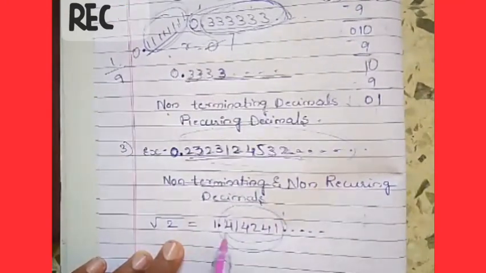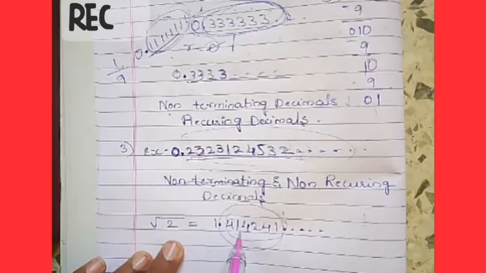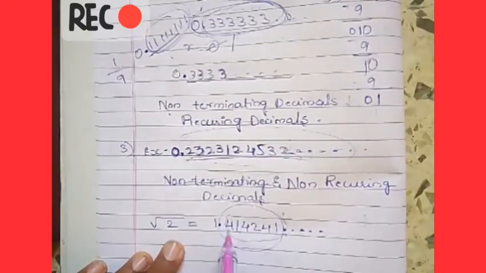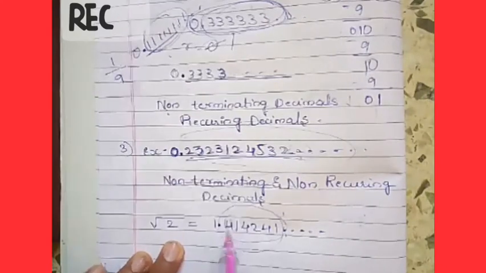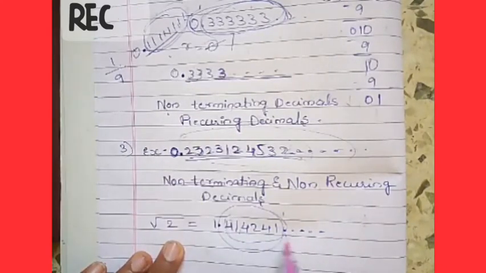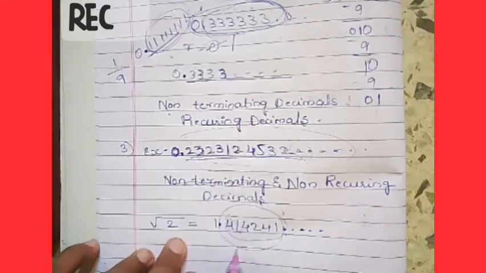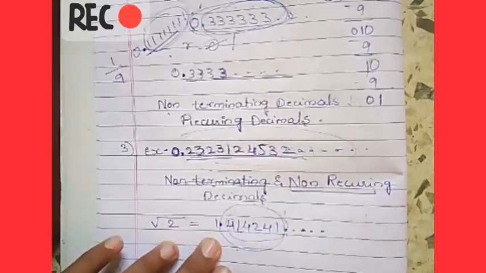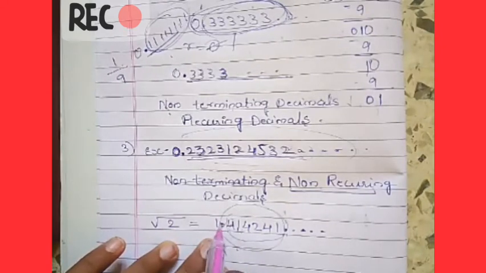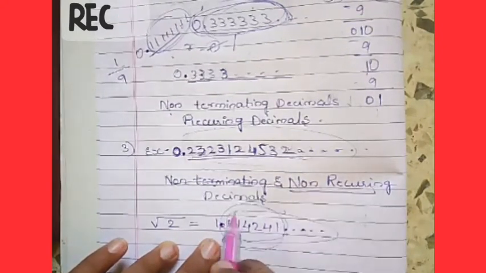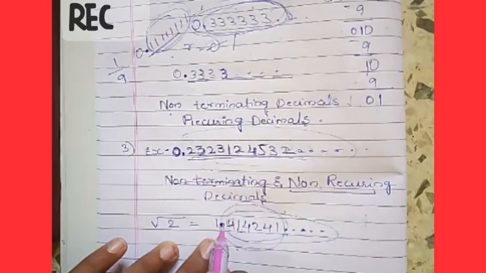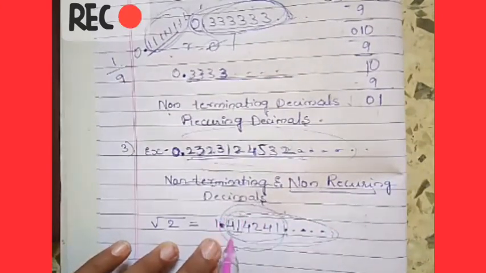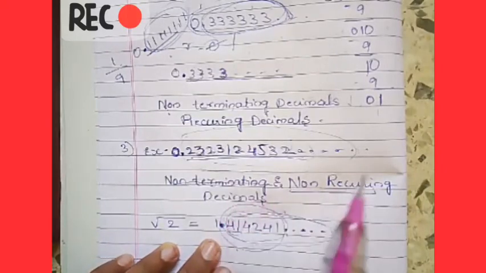As you can see, 41 is not repeated, or 4 is not repeated. There is different 41, 42, 41, continuously there is no repetition. That means non-recurring decimals. Once again, there are infinite numbers after the decimal point, as well as non-repeating numbers, you can say.